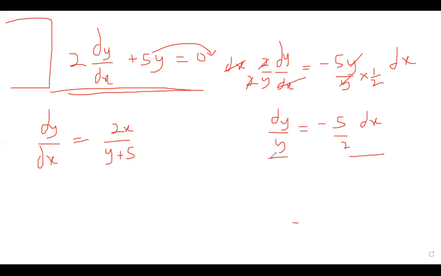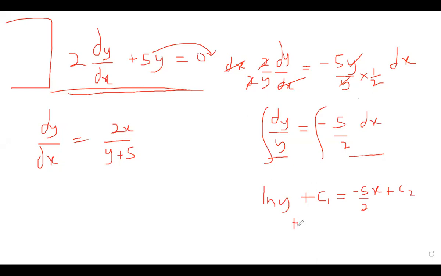Good. So we have the function in terms of y and then in terms of what? X. Good. So we integrate both sides. When we integrate, this should give us ln of y plus a constant c. And when we integrate the other side, we get negative 5 over 2x plus c2.